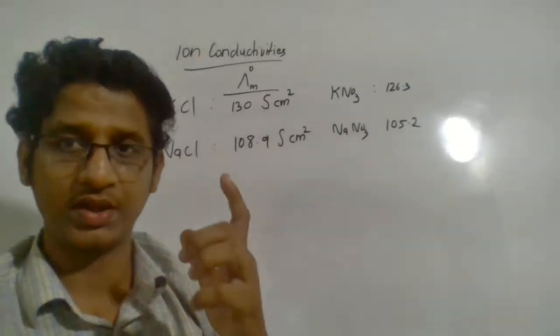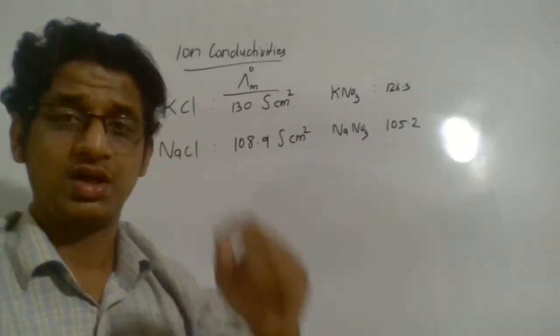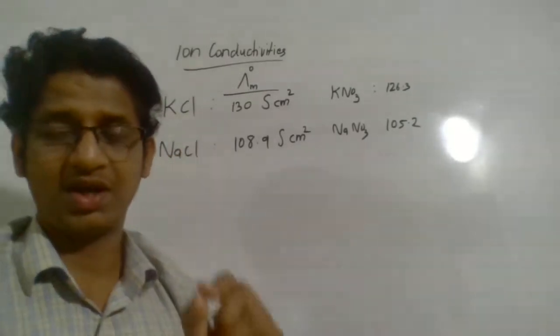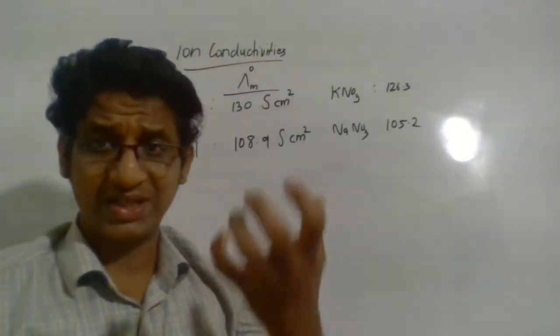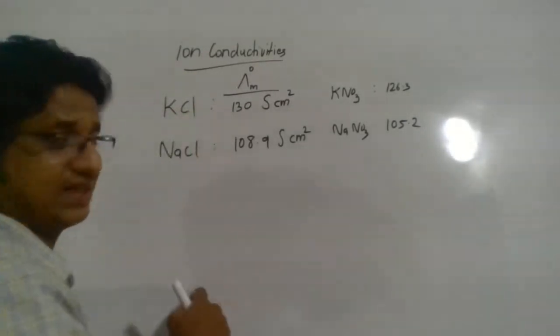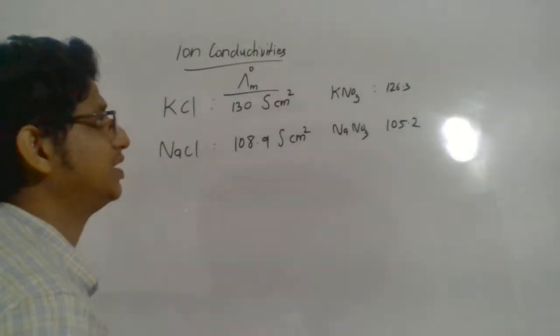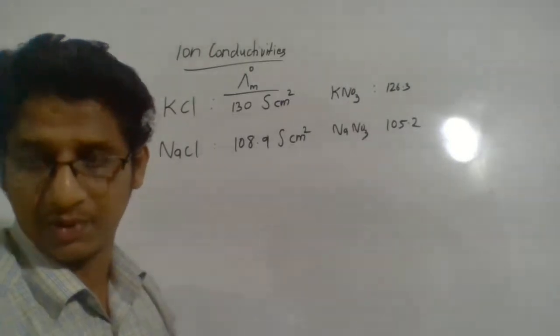So what's the point you can get? Yes, now both cation and anion are contributing to the molar conductivity. That's the first point you can have. Now let us take the difference between the molar conductivity of KCl and NaCl. Now here anion is constant, and taking the difference between KNO3 and NaNO3, an interesting point is coming.